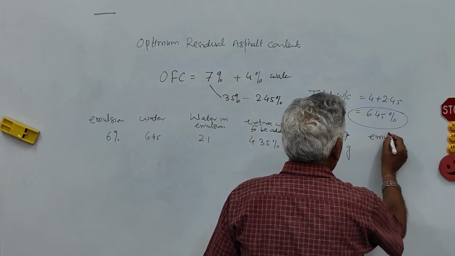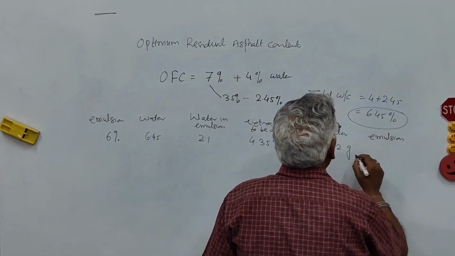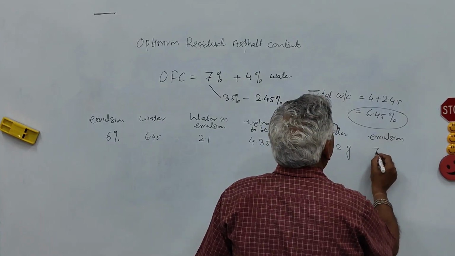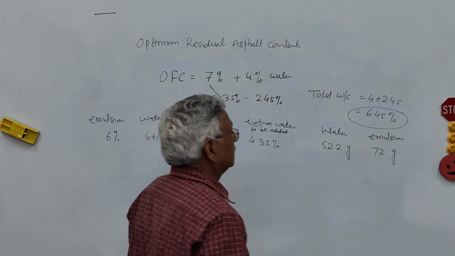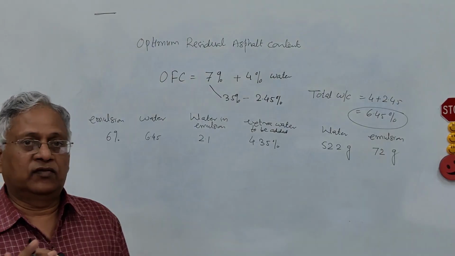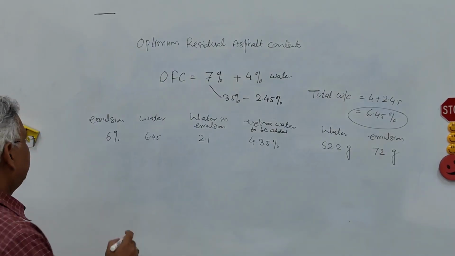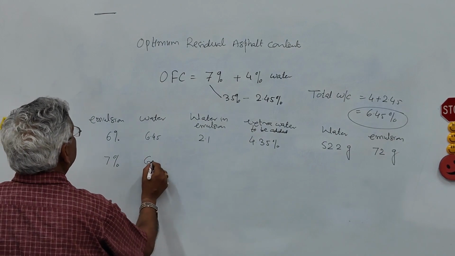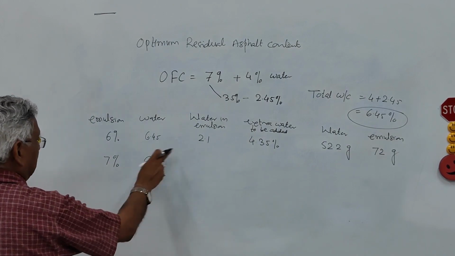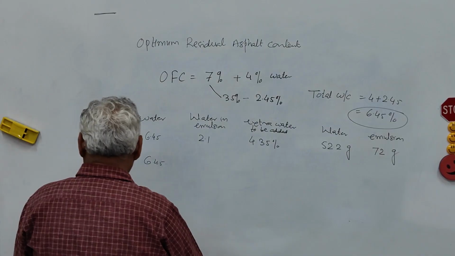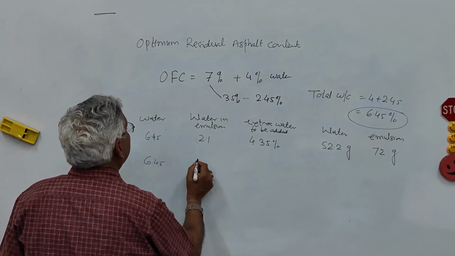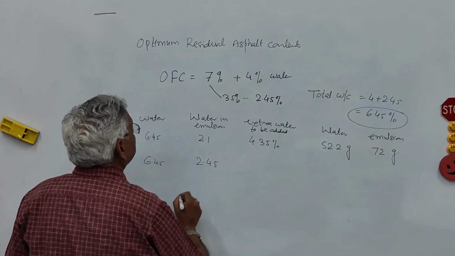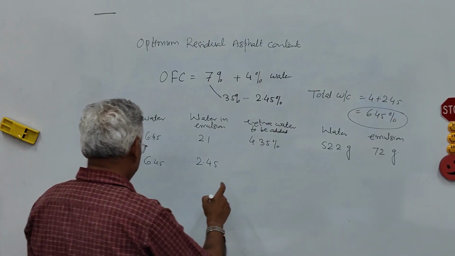Emulsion is 6%, so 6% of 1200, that is 72 gram. That makes one set of specimens. If now you change to 7%, the total remains the same, 6.45. In the 7%, you have 2.45 water content, 35% of 7%.